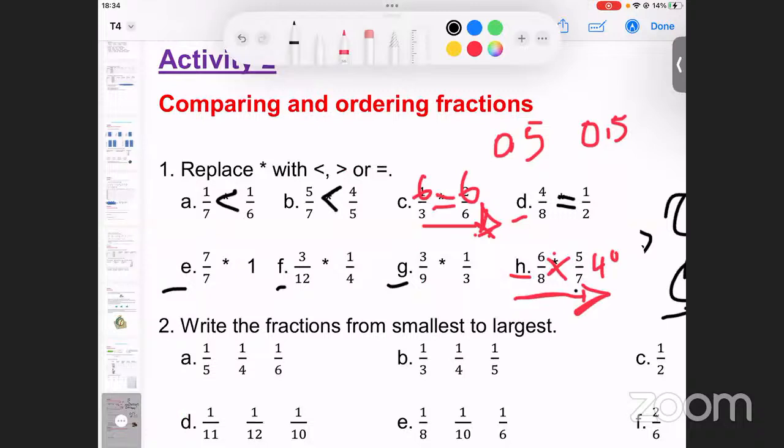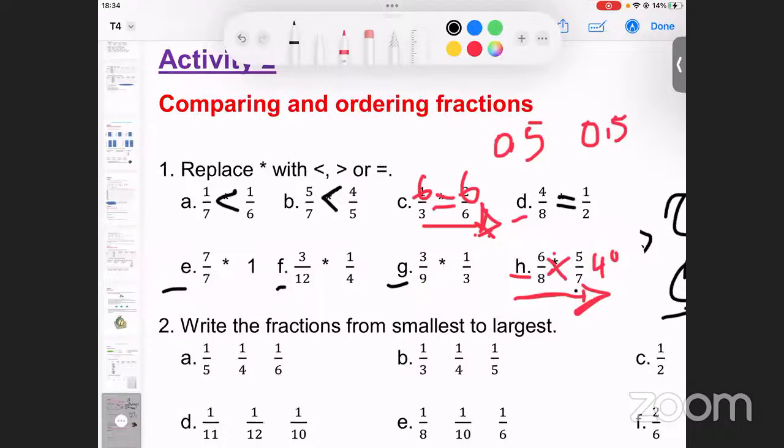The time now is 1834. By 1840, you should be done. Can I please ask, are we supposed to write greater or less? Are we supposed to replace it with greater, less, or equals?